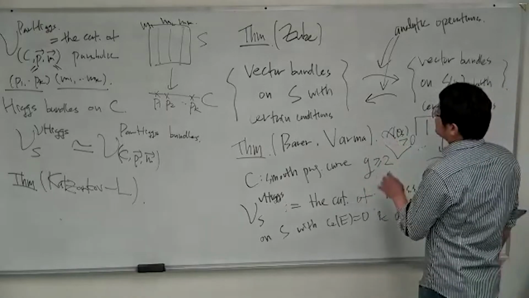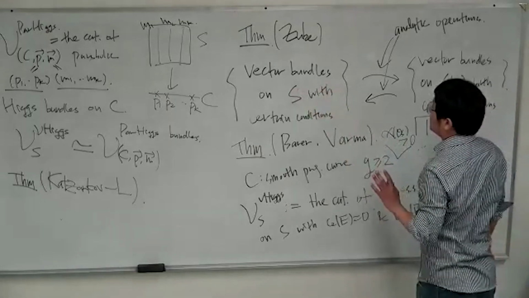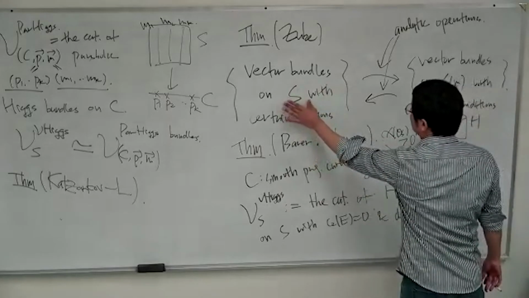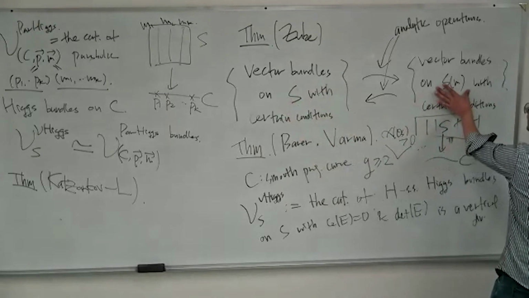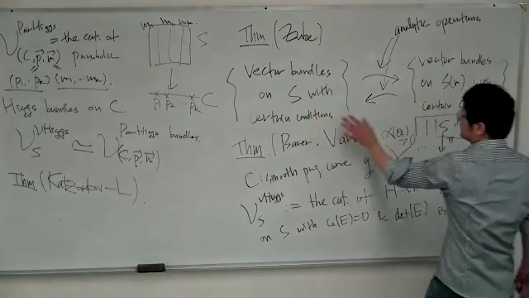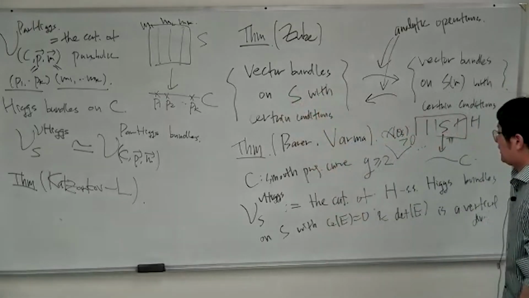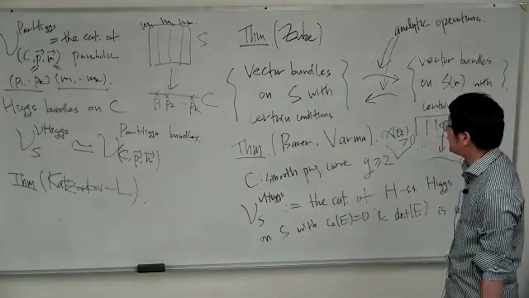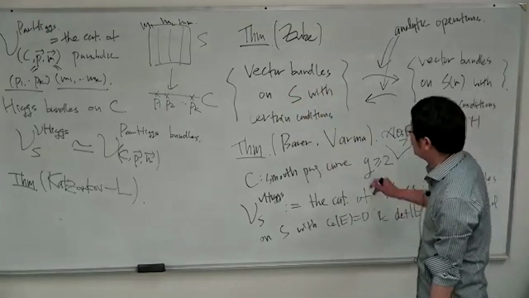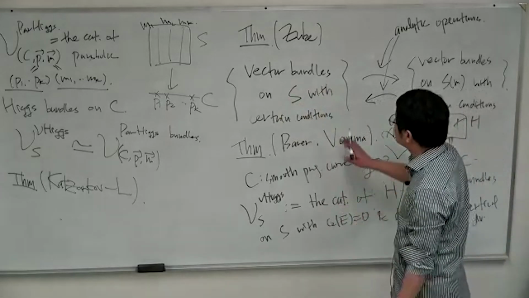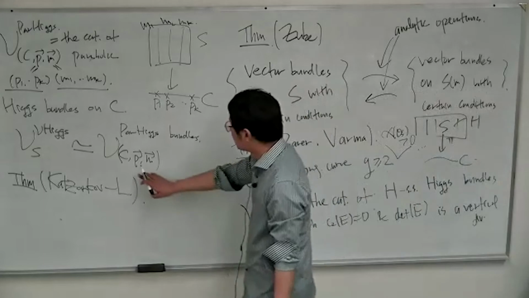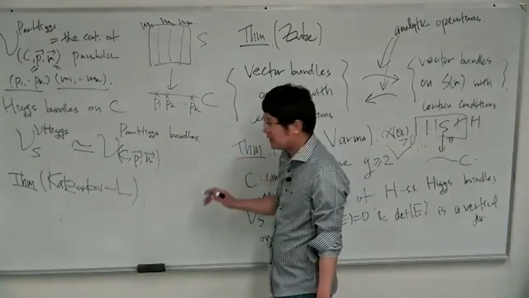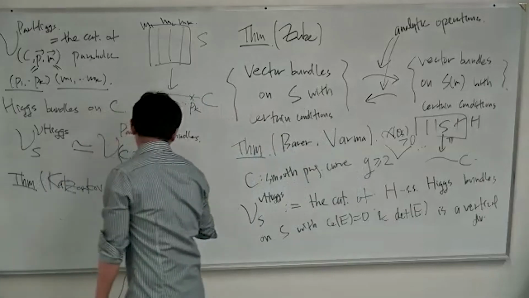As I told you, Jourdain found two functors which send vector bundles on S to vector bundles on this S_M, and vector bundles on S_M to vector bundles on S. And by the theorem of Bauer and Balmer, we can identify some vector bundles on S with parabolic bundles on the base curve, right?